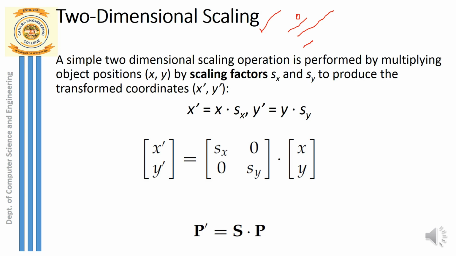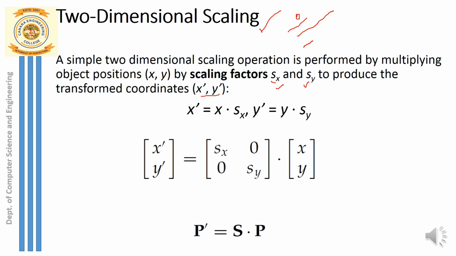That is nothing but scaling. Here you have two scaling factors, because you are scaling along the x-axis as well as along the y-axis. Whenever you apply scaling, you require the two factors sx and sy, which represent scaling along the x-axis and y-axis, and this gives the new set of coordinates that you obtain.